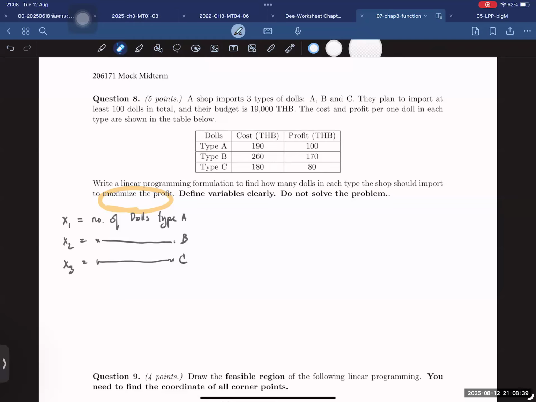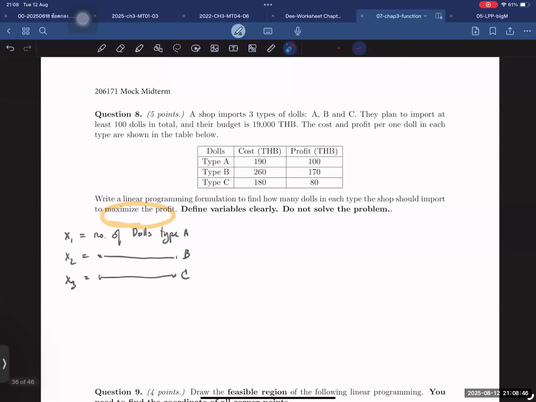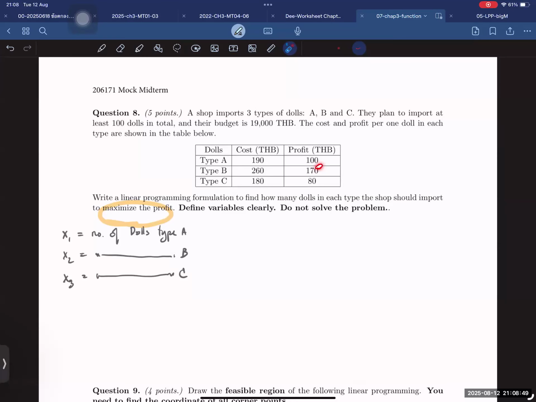Okay, they want to maximize the profit. This means that we know the profit from each type: for type A, the profit from $1 is 100 baht. Type B you got 170, type C is 80. This means that the profit P would be 100 x1 plus 170 x2 plus 80 x3, right?